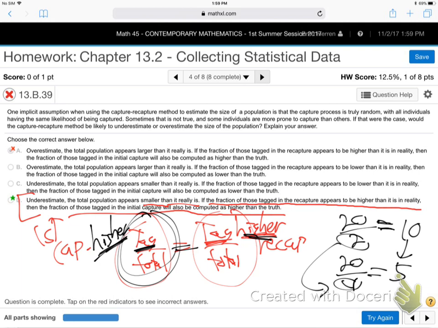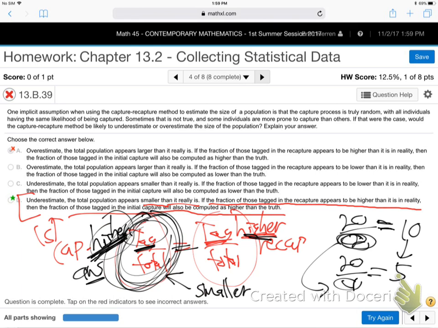You know that. Well, over here they're saying this fraction got higher. How does the answer here get higher? Well, the bottom needs to get smaller, doesn't it? Because the top is fixed. You can't change the number that were tagged. So the only way you're going to make this overall fraction get higher is by making this denominator get smaller than it should be.